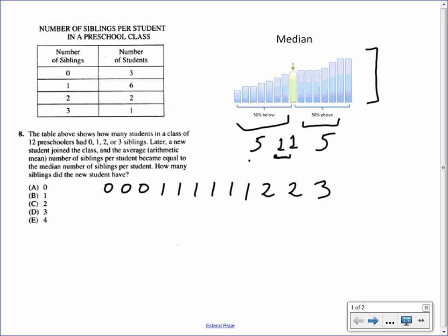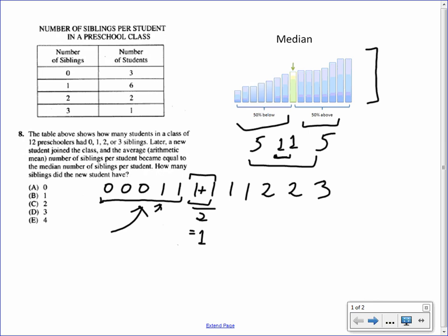Like I said, you're going to have 5 of these students, 1, 2, 3, 4, 5, who will be below the median. Technically the median here is going to be the average of 1 plus 1 divided by 2, which is 1. So these values aren't all necessarily below the median, but it just means that there are 5 students who, when you list the terms from least to greatest, fall below the median.